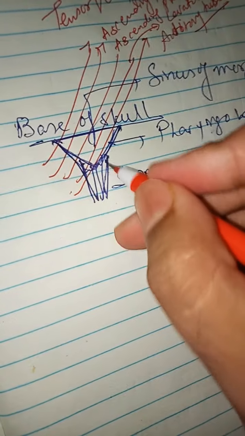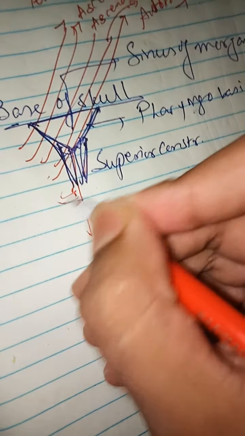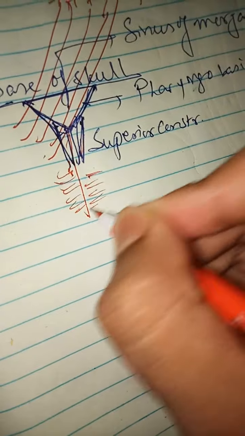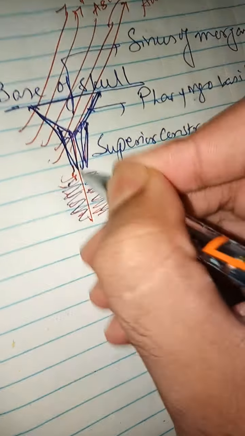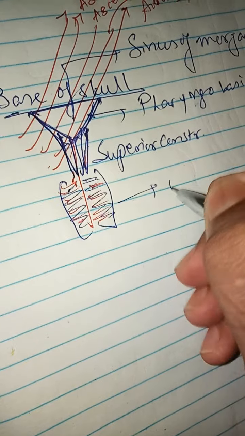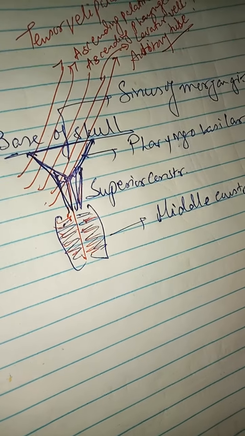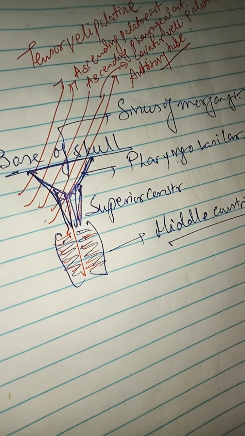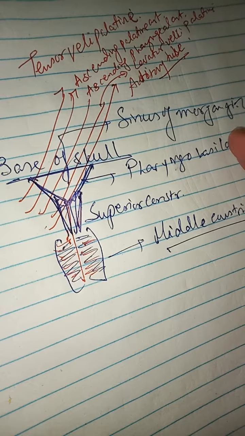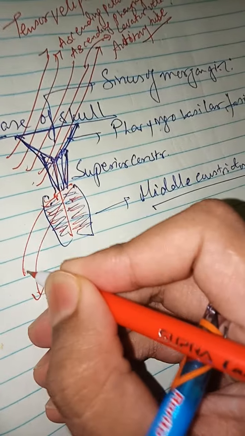Now this is the superior constrictor muscle, and below it is the middle constrictor muscle. Between the superior constrictor and the middle constrictor there are two structures.